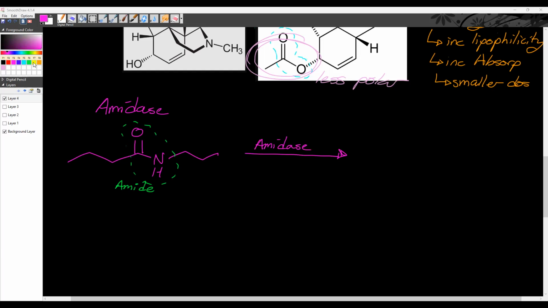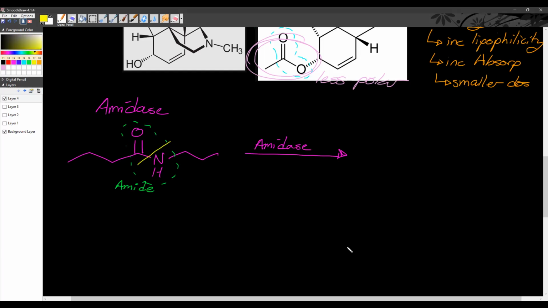And once again, you are going to cleave this bond in between the carbonyl and the nitrogen. Except this time, what you are left with is a carboxylic acid and a primary amine.